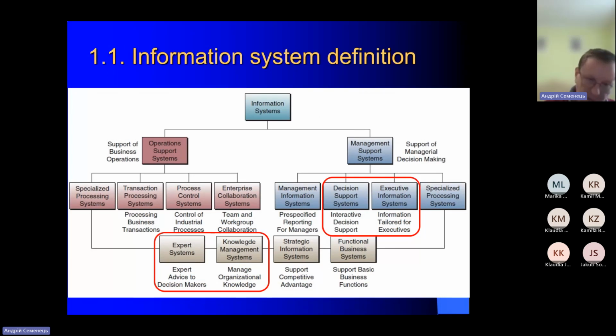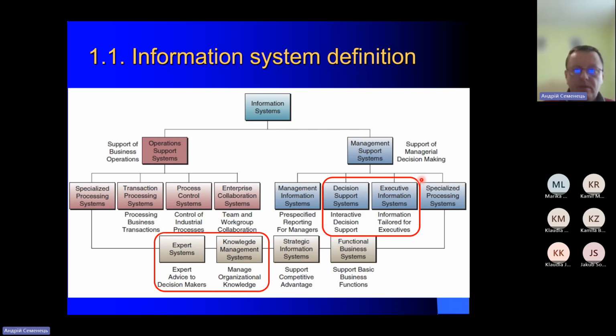In today's lecture, we will concentrate on these selected areas of the classification of information systems: operations support systems, management support systems, and knowledge processing systems, the third row, which is not entitled exactly because it is on the intersection of support of business operations and decision making.